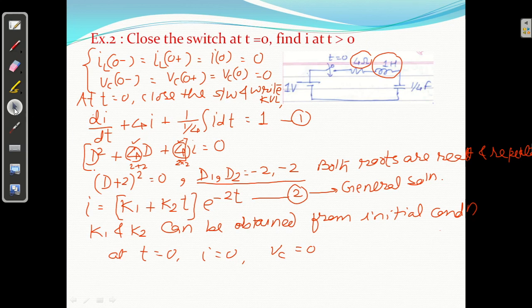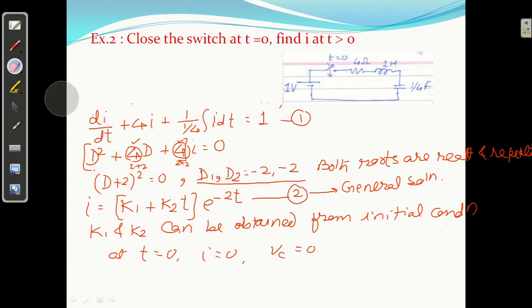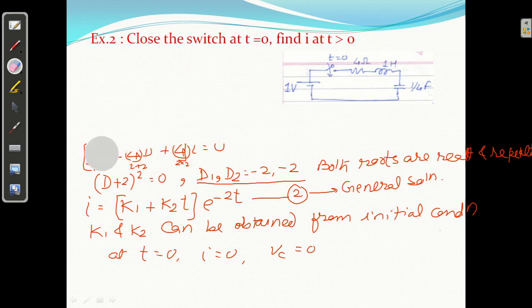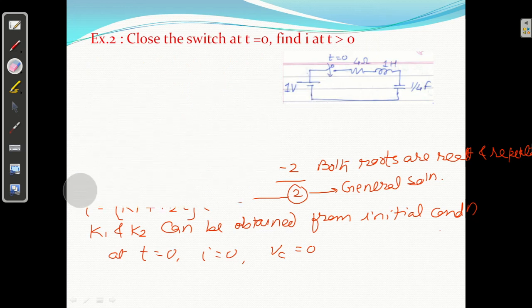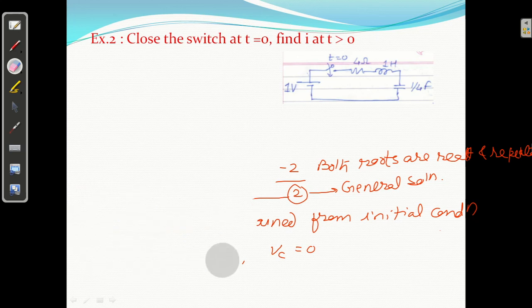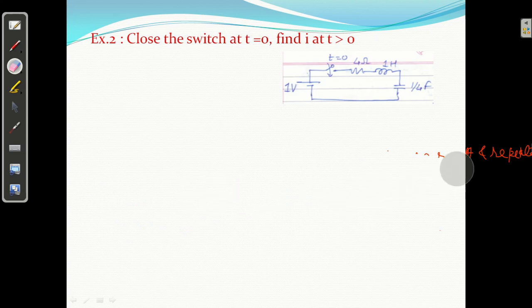Okay, now I'm rubbing it and closing here. In the next lecture I will discuss what the initial condition and the final condition are, and after discussing I will take one numerical based on the initial and final condition, and in one more lecture I will discuss some numericals based on the initial and final condition. Clear?